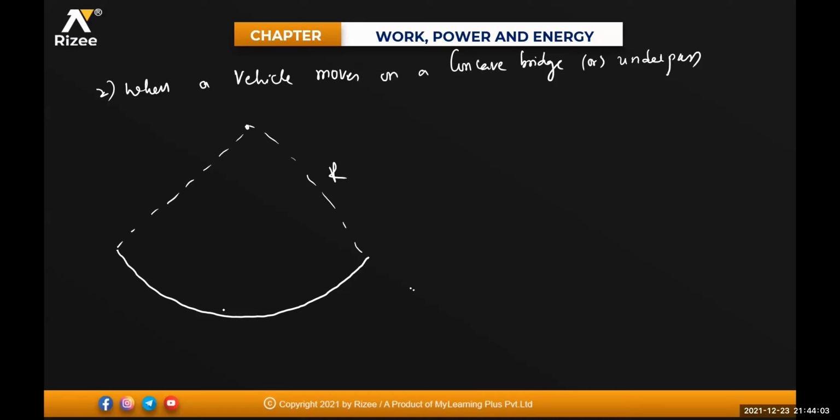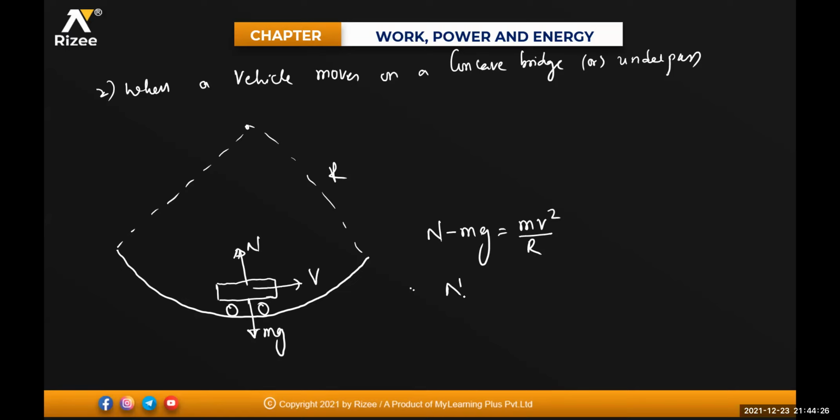This is the radius r, and here there is a vehicle. What are the forces, beta? Normal will no doubt be towards the center. Weight of the body is in the downward direction. How do you write the equation? N minus m g will be equal to m v square divided by radius r.